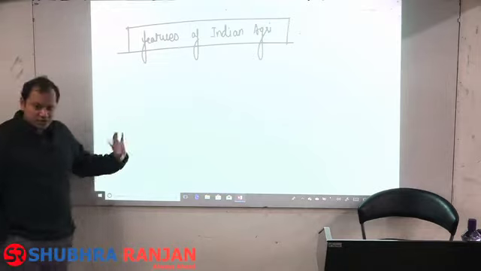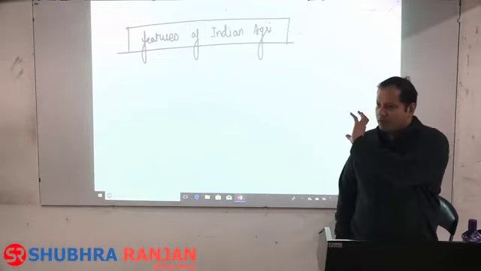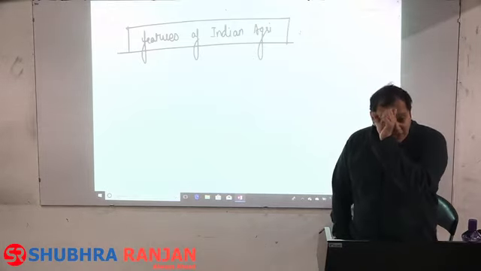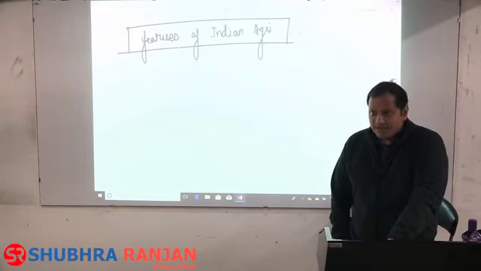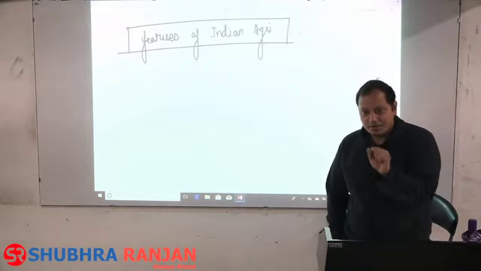Will there be a separate question on the features of Indian agriculture? No. But this you should know to write the answers on the other. That is, अगर question पूछा, how the modern agriculture in India is being affected by institutional factors.